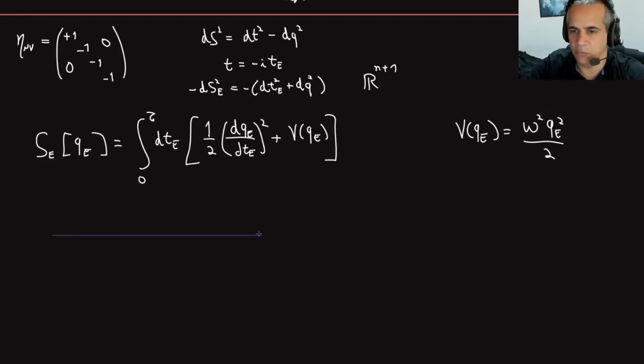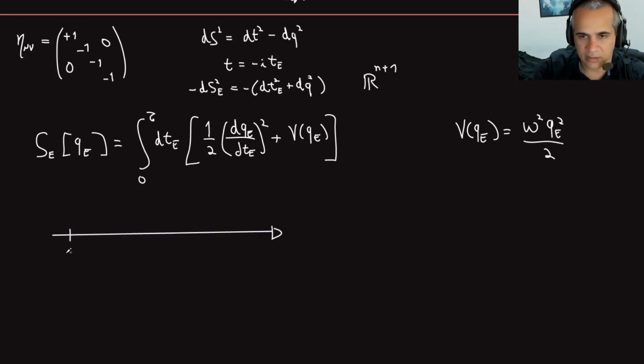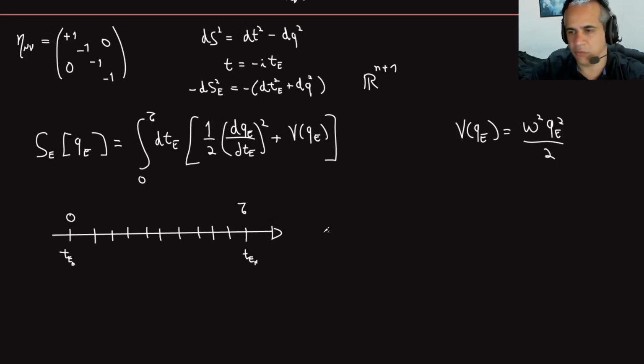So what I had was something like an initial Euclidean time, which I'm calling 0 here, and a final one, which was tau, and I have many pieces in the middle, so that any intermediate Euclidean time is just j times epsilon.